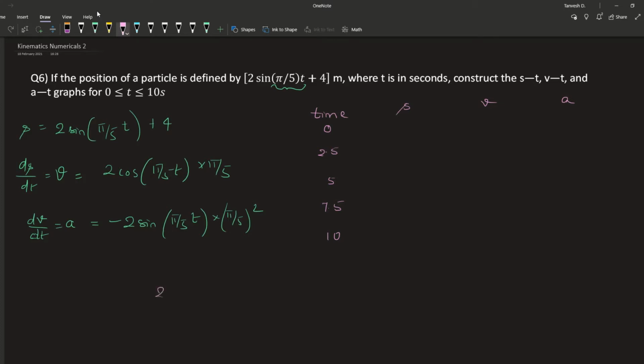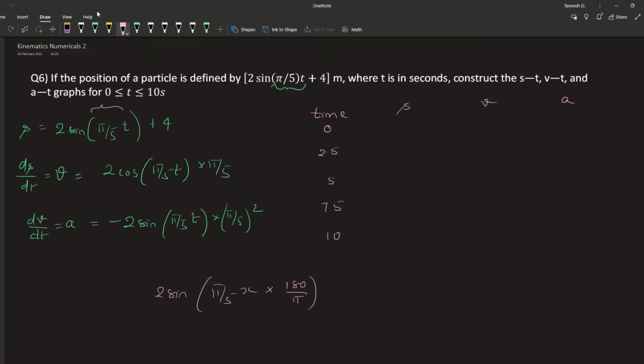So if I type 2 sine pi by 5 x in the table function, now this pi by 5 t is actually radians, and our calculators are by default in degree mode. So we'll have to convert these radians into degrees. So we'll have to multiply by 180 by pi. Okay, so this becomes your displacement equation.